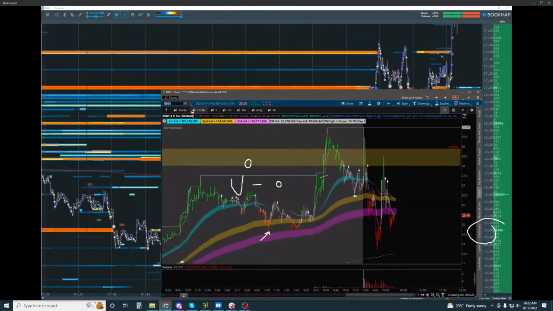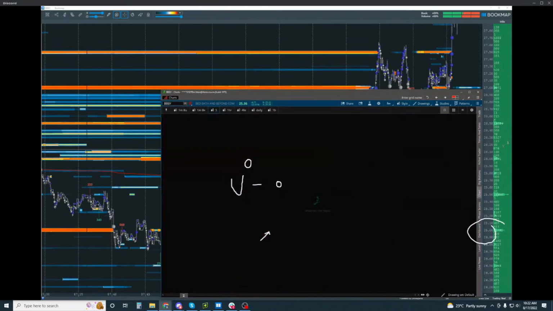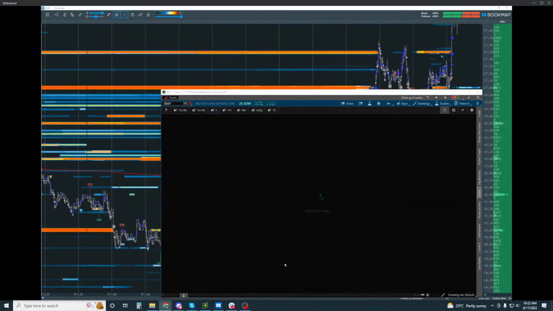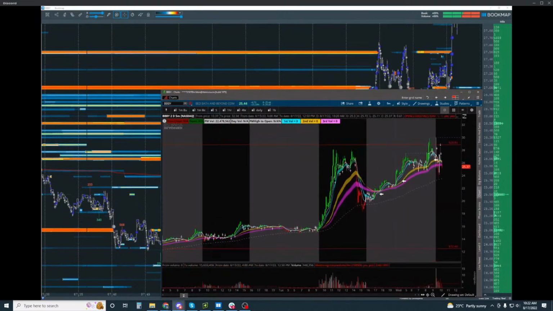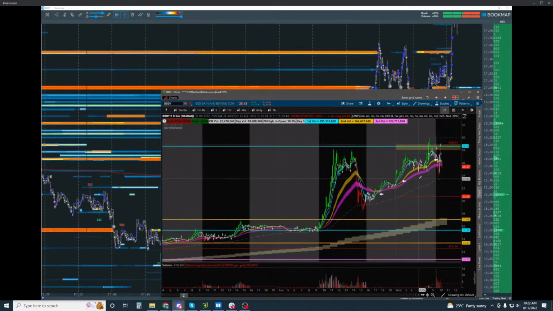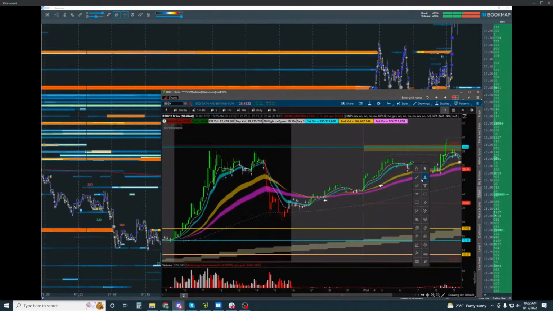We're going to look at the 5-minute chart. Okay, so I was looking at this area over here. Massive support yesterday.